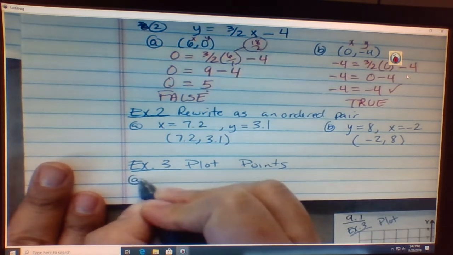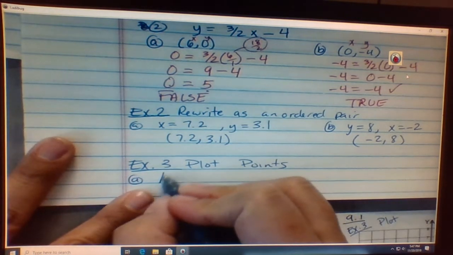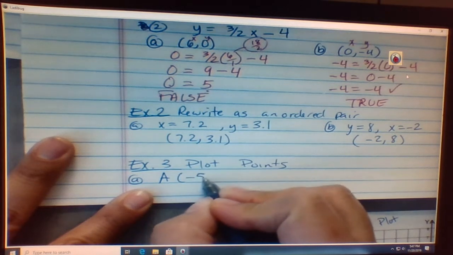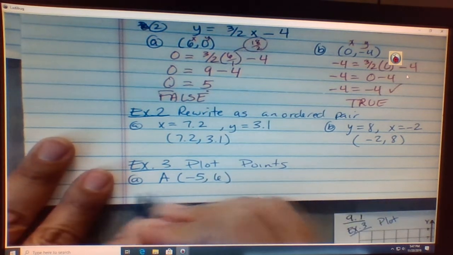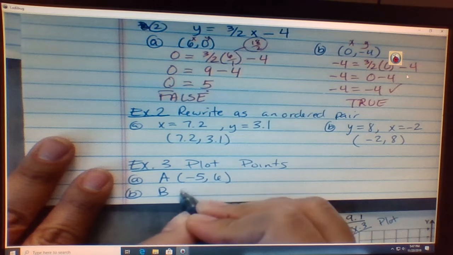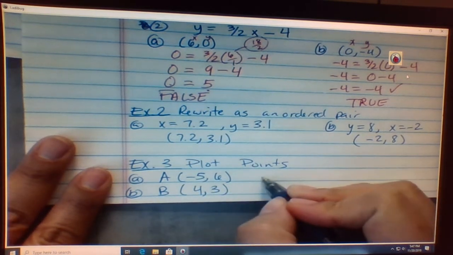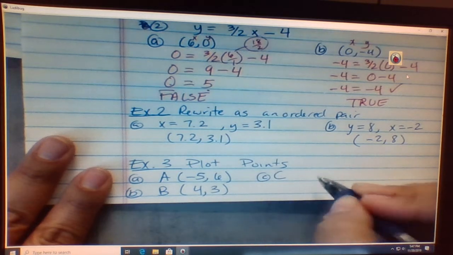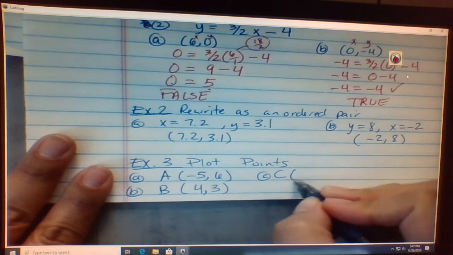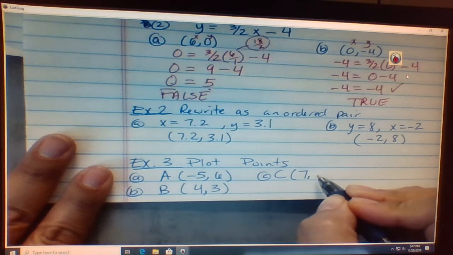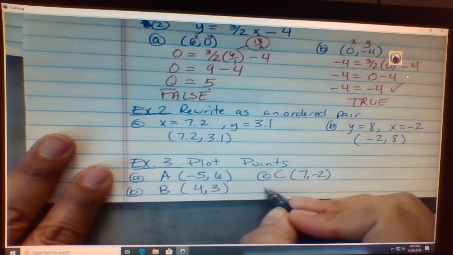We want you to plot point A, which is at -5, 6. Point B, which is at 4, 3. Point C, which is at 7, -2.